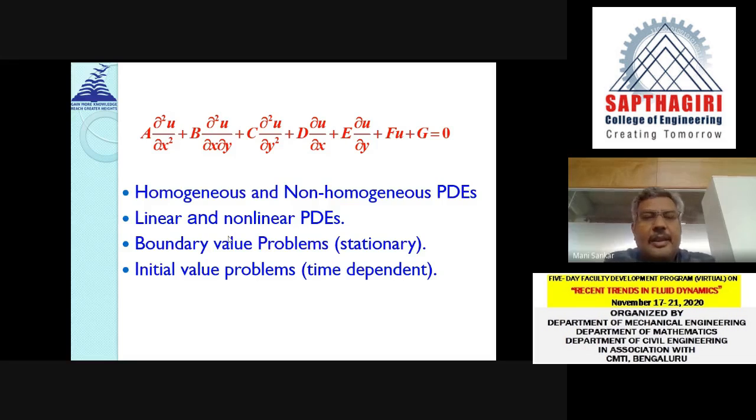Okay, and then again, linear and non-linear PDEs. So a linear partial differential equation means generally the power of the dependent variable should be the same throughout the differential equation, and the differential equation should not have products of the dependent variable and its derivatives.